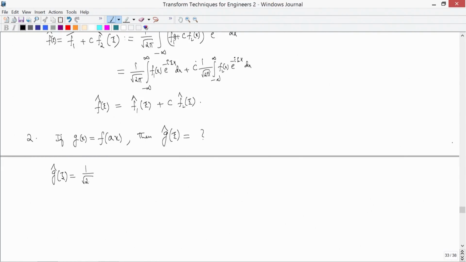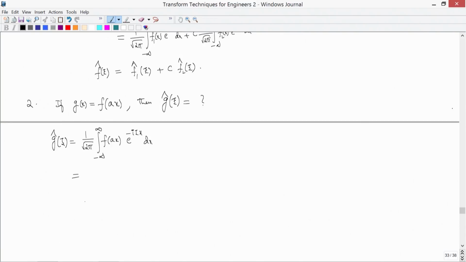1 by root 2 pi integral from minus infinity to infinity, g(x) is f(ax) e power minus i xi x dx, and now you simply do this integration, change the variable ax as t. So, if you change this ax as t, our dx is equal to dt by a.